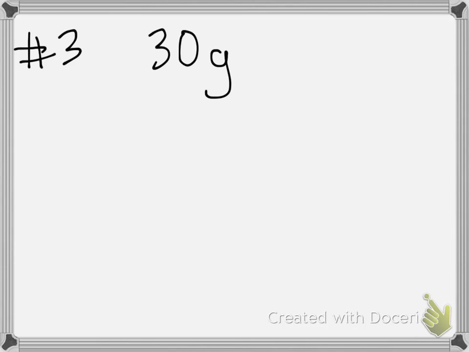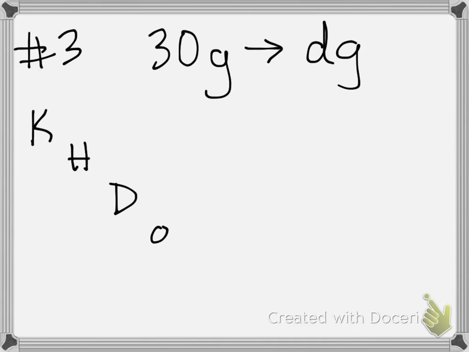All right, and one last example, number 3. Number 3, we have 30 grams, and we're converting that to decigrams. All right, so if we do our stair step, "Kids Have Dropped Over Dead Converting Metrics."